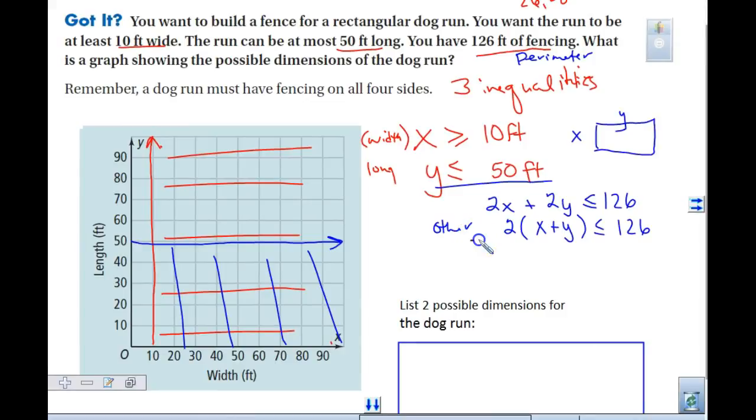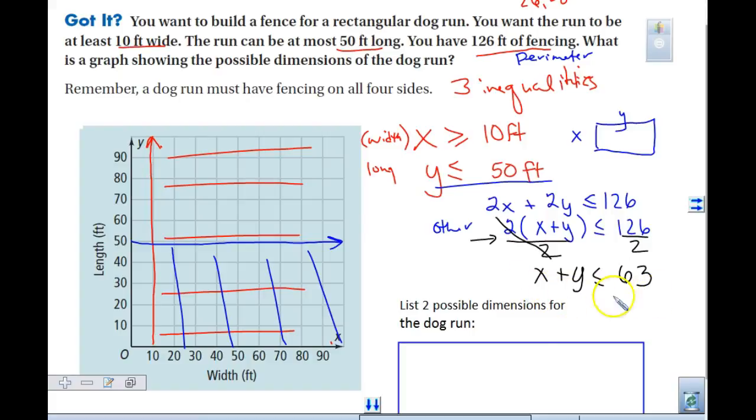And the reason I want to solve this second one is it's really easy to divide right away both sides by 2. And if I divide both sides by 2, remember, I want to get it in slope-intercept form. I have x plus y is going to be less or equal to 126 divided by 2, which gives me 63.